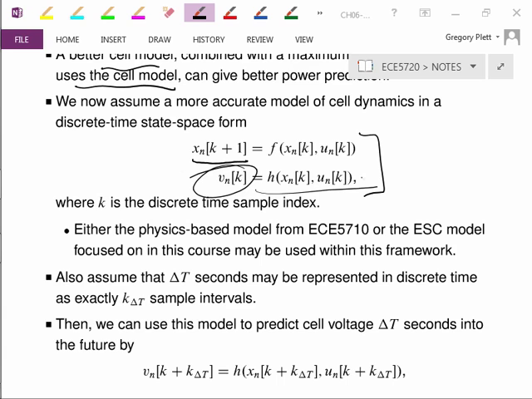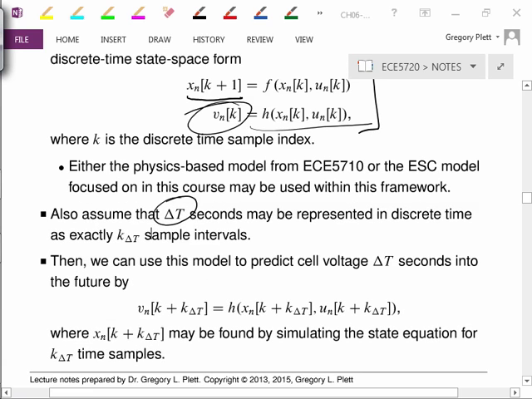We will also assume that the delta t seconds of our prediction horizon can be represented as exactly k delta t sample intervals. That would not necessarily be true in general, but it turns out to be true more often than not in practice: the number of seconds that I need to predict into the future is an integer number of sample points. So that's not a very limiting assumption.